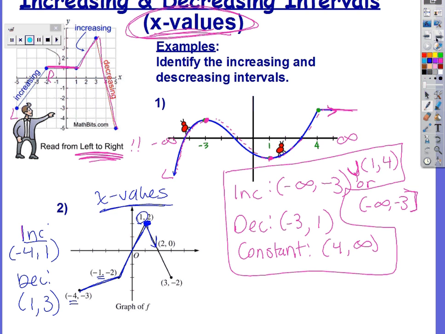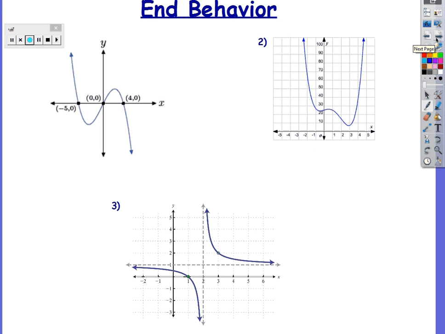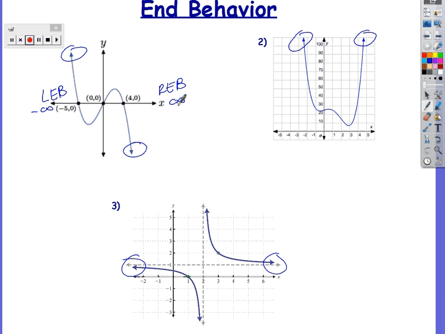Moving on to end behavior. End behavior is exactly what it sounds like. It's the end behavior of the graph. Left and right. So this is left end behavior, right end behavior. We're looking at the x values.